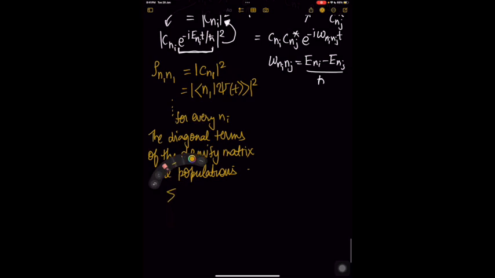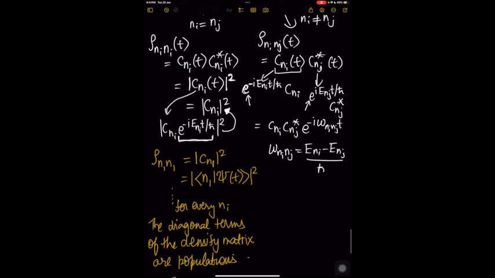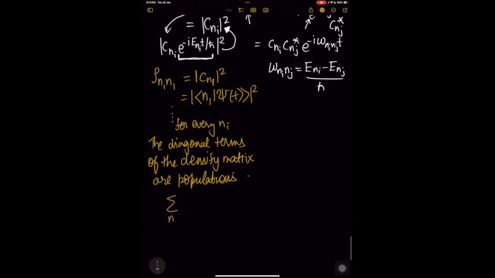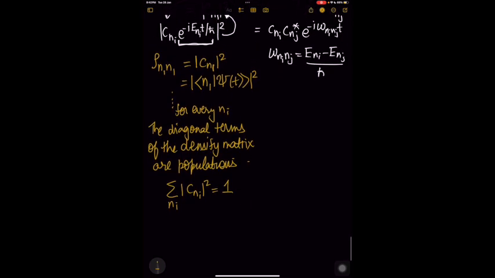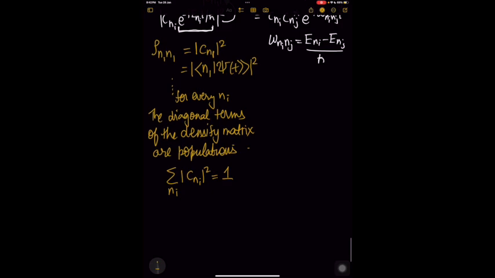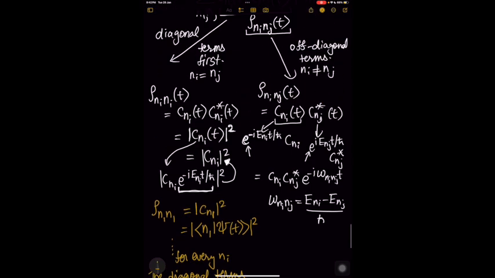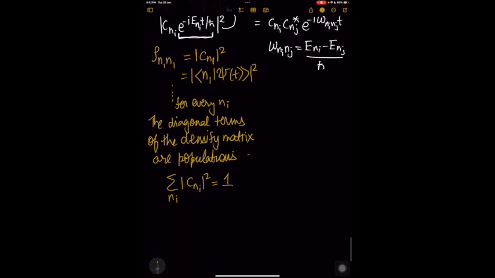So the sum over all, let's just say, n sub i, c squared would be 1, which is the case that the sum of all the probabilities of the quantum system being found in different states is 1. So what that also means is that the trace of the density operator is 1.